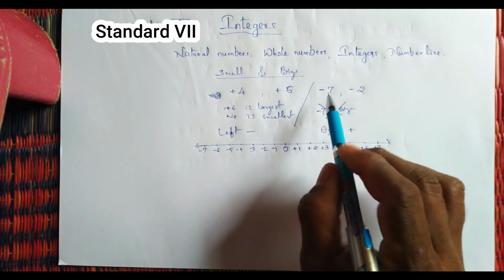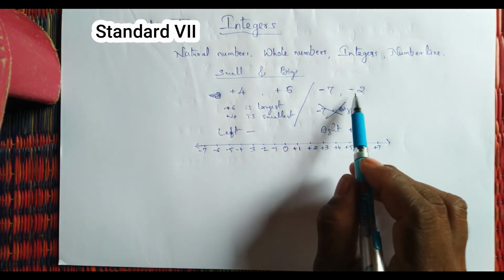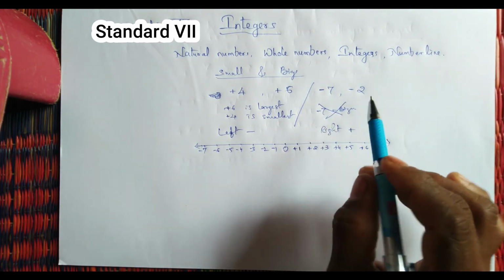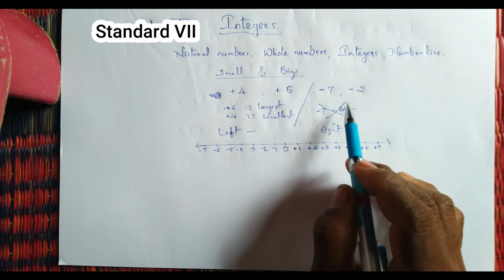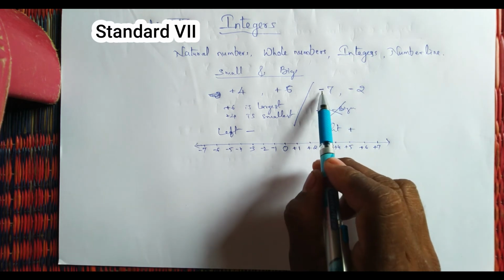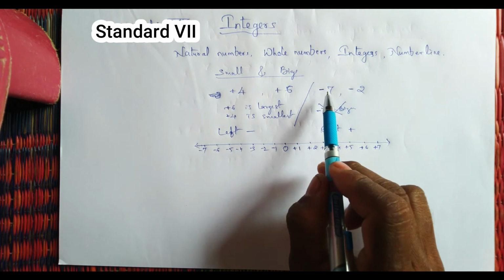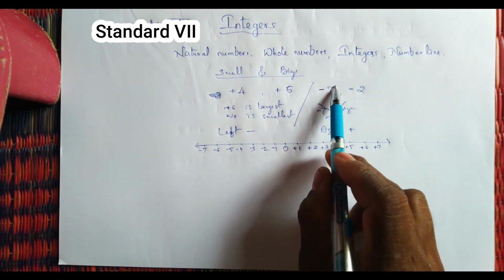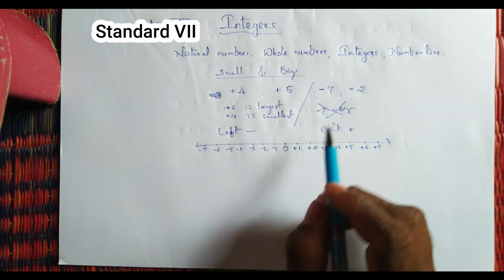So in this example I asked minus 7, minus 2. In these two numbers, which is the bigger number? Some students give the answer minus 7, but it is wrong, because when the minus sign is there, you don't go by the number being bigger or smaller.